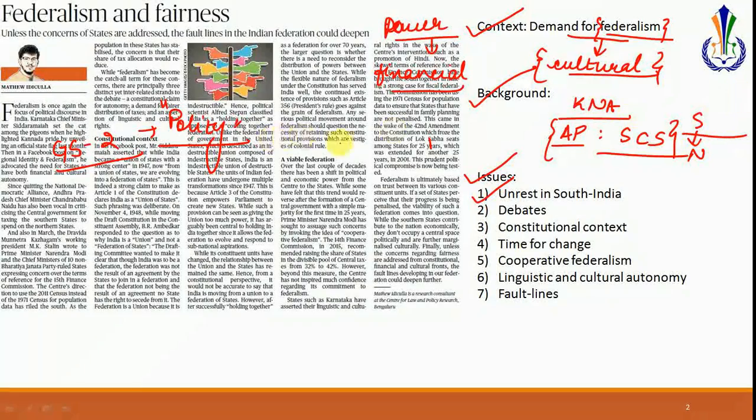Another issue here is with regards to the terms of reference to the 15th Finance Commission. This is something that is important. In the terms of reference to the 15th Finance Commission, the central government has directed the Finance Commission that instead of using the data from the 1971 census, the Commission should use the data of the 2011 census. Now, the issue here is that in the 2011 census, the population in southern states has been stabilized.